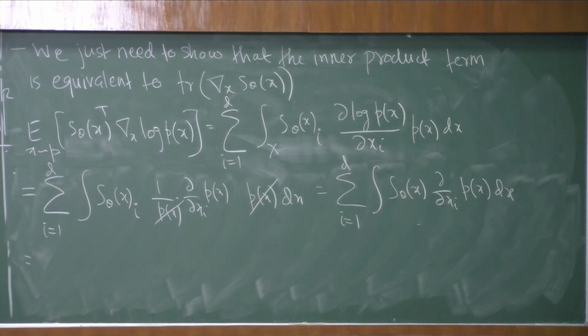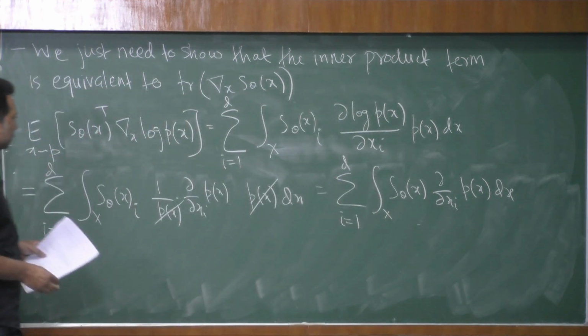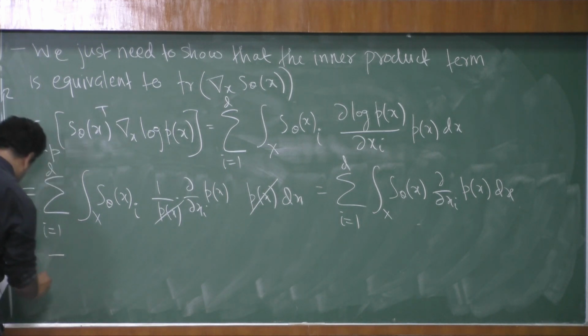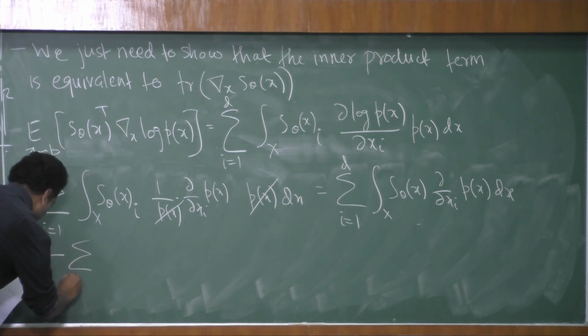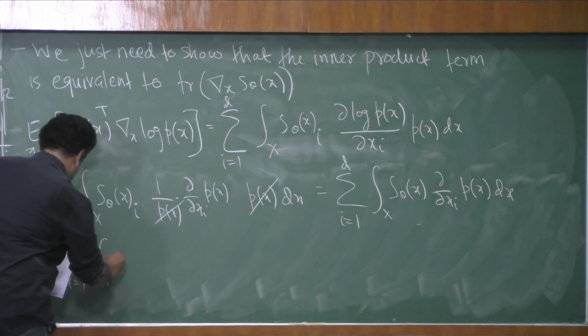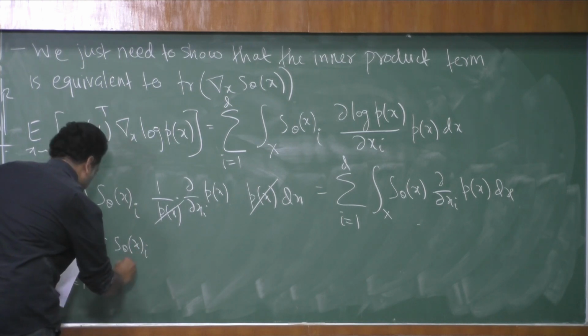Now we will use integration by parts, and these are integrals over all x, right? If I do integration by parts, then we will be left with only the term which is the negative one: minus the sum over i equals 1 to d of the integral over x of del by del x_i of s theta x times p(x) dx.